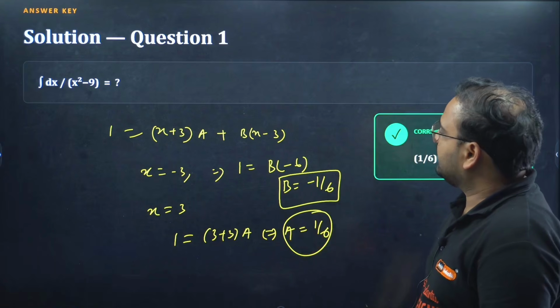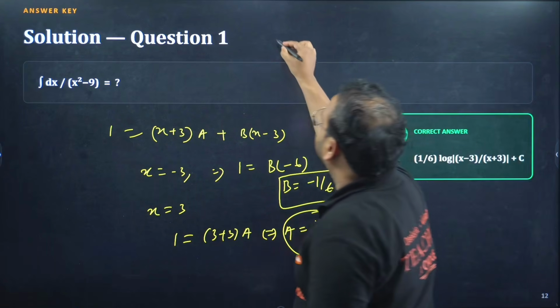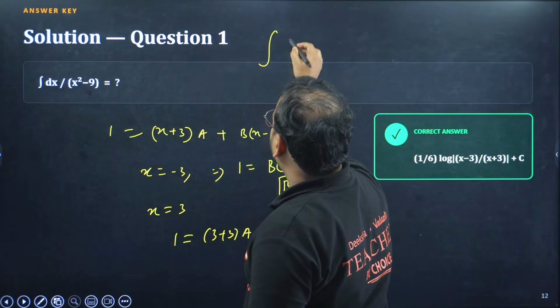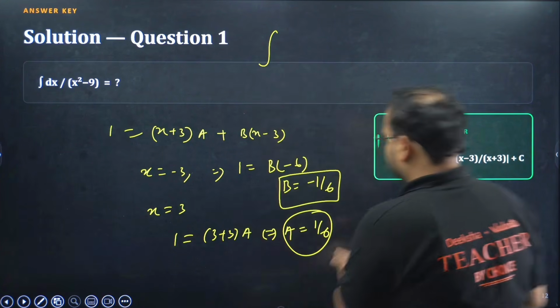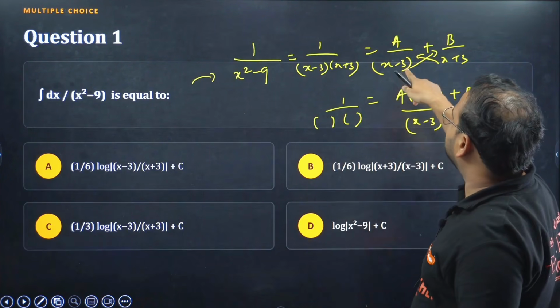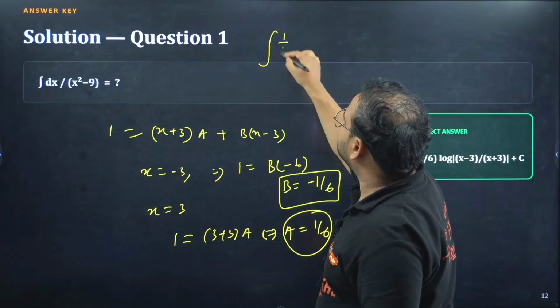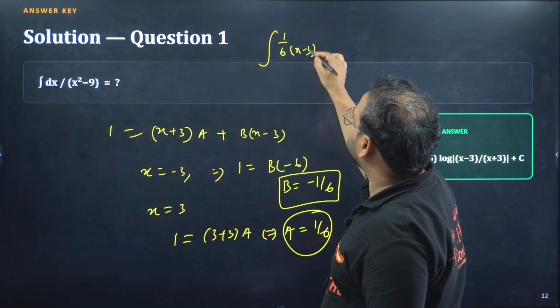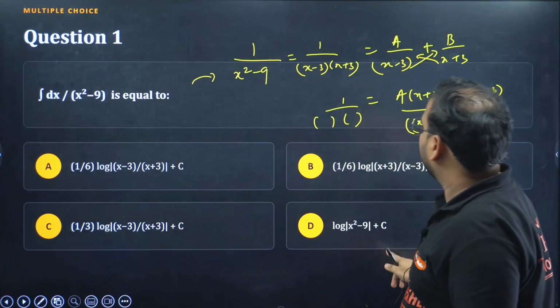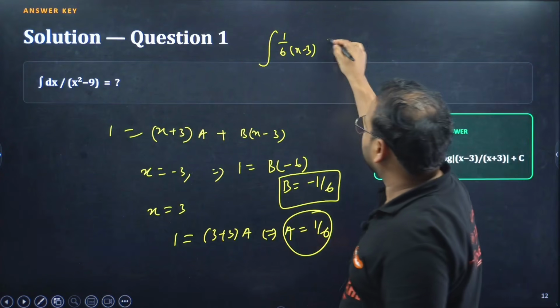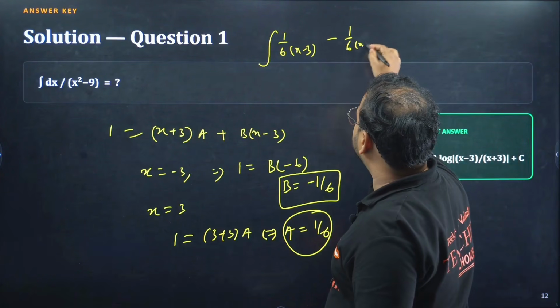The question that you had was this, right? Integration of a. A will be 1 by 6. A upon x minus 3 is there, so we'll have 1 by 6 into x minus 3, minus 1 by 6 into x plus 3.